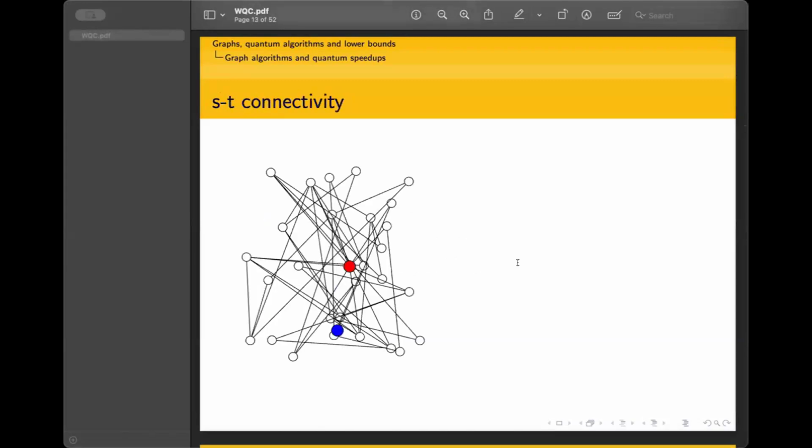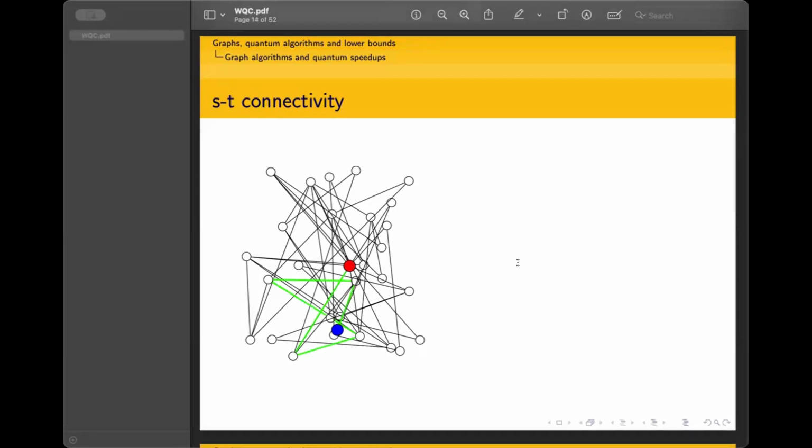So ST connectivity is a problem where you're given, say, an undirected graph, and you ask whether two vertices in that graph are connected. So it seems like a very simple problem. And classically, in the worst case, you need to explore all the nodes in the graph at least to show that these two are connected.